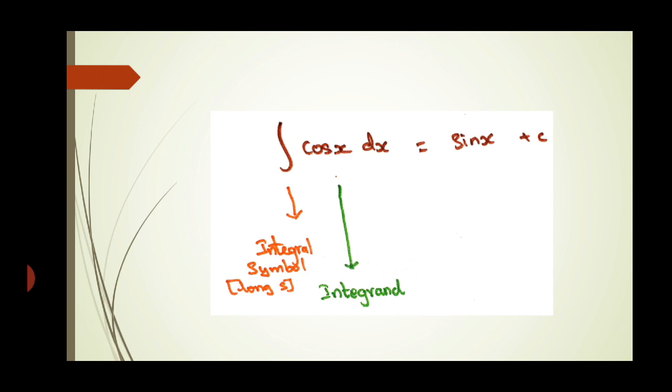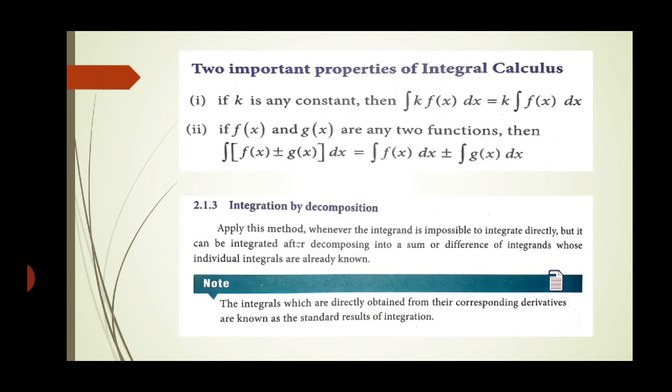That is the integral symbol, which is nothing but a long S. And cos x, we are going to integrate only cos x, and that is called the integrand. dx indicates the variable, so you should mention dx. The integral equals sin x, that is the answer. That answer sin x is called the integral value, and the plus c is called the integrating constant.